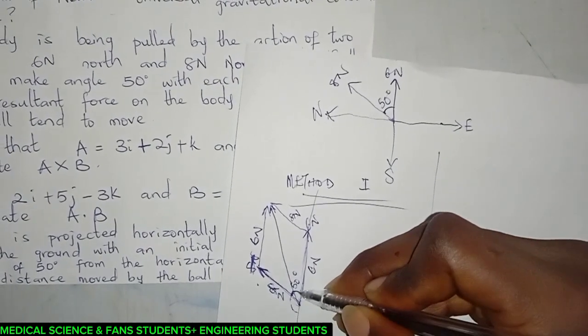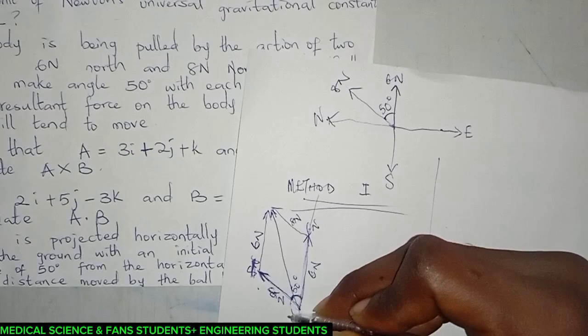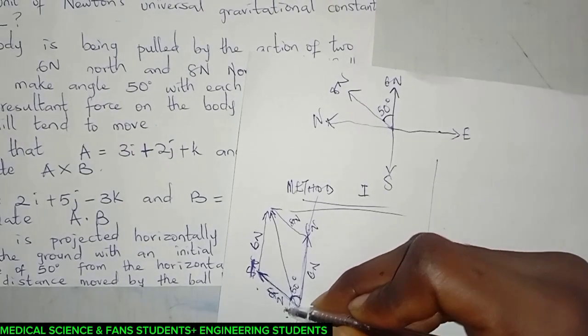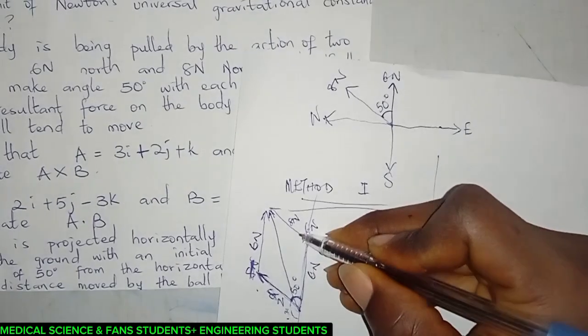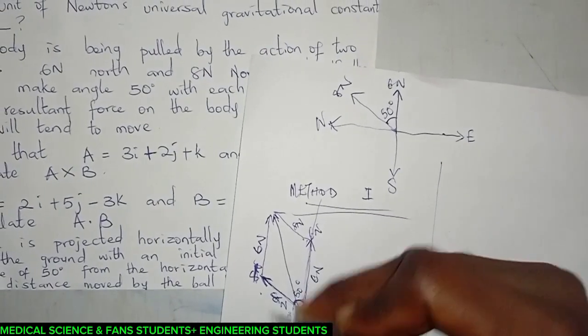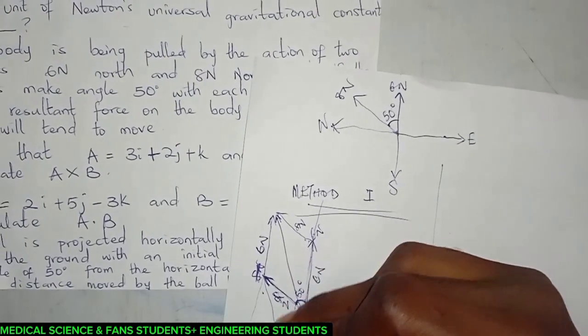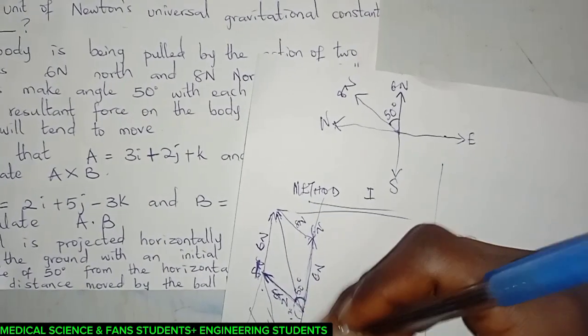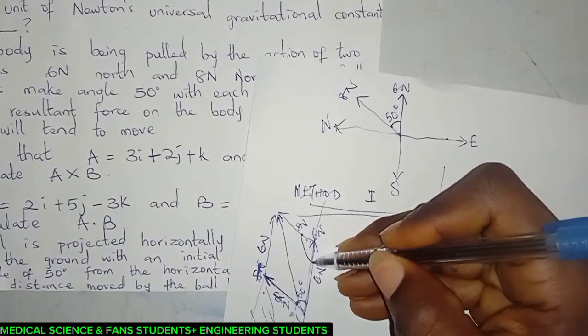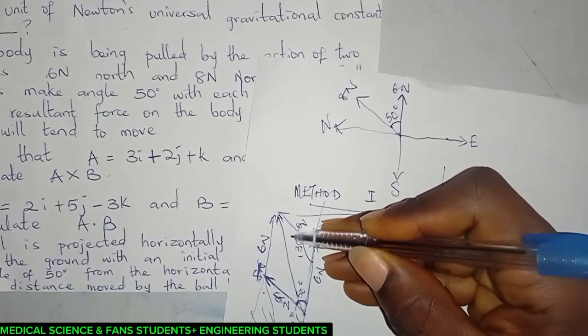So I can say this is 50. What will remain here will be 130. 130 plus 50 gives you 180. Corresponding angle: this is corresponding to this. Even if I project this, watch, I can form something here again, and something here again, and it goes on and on. So that is why I say that here is 130 degrees.